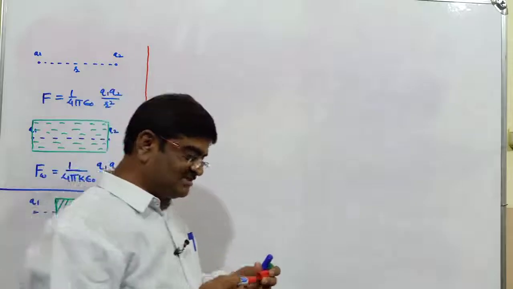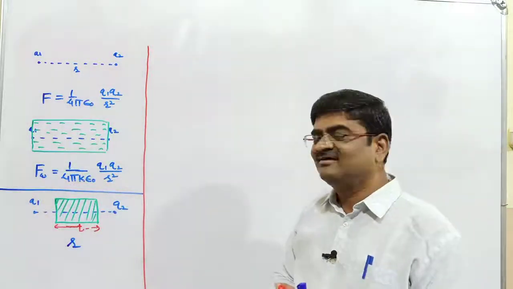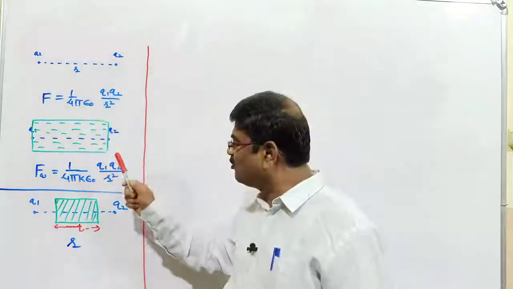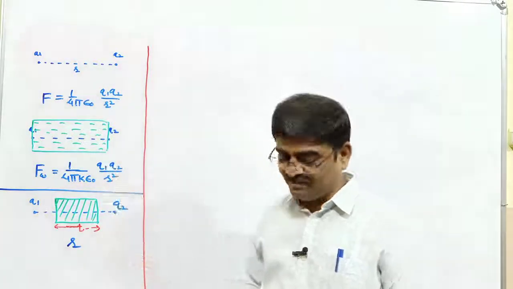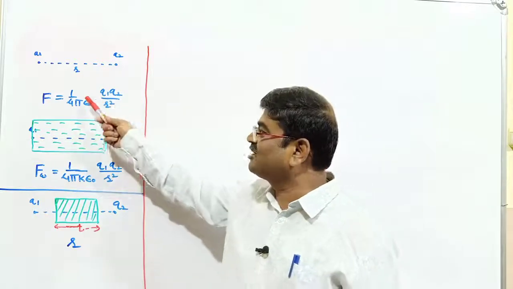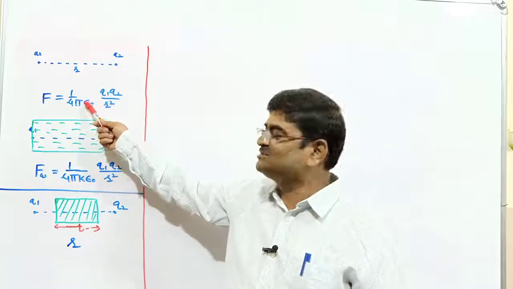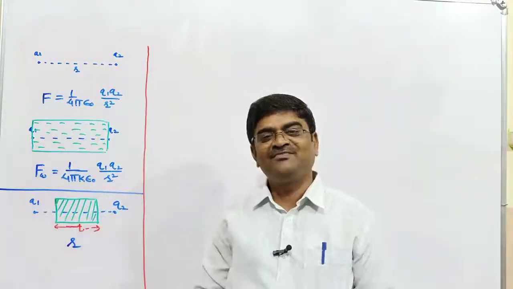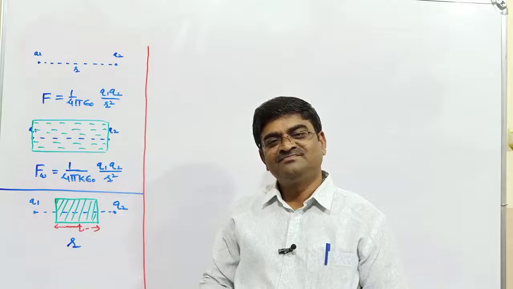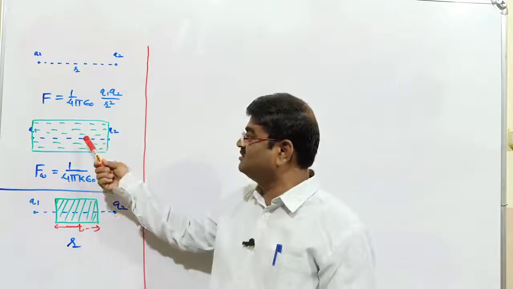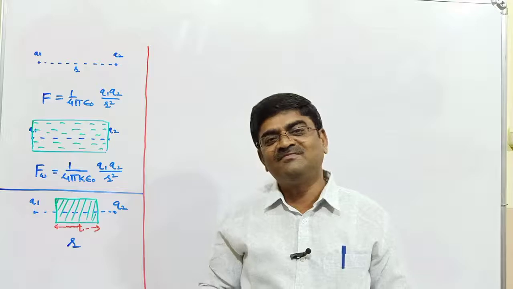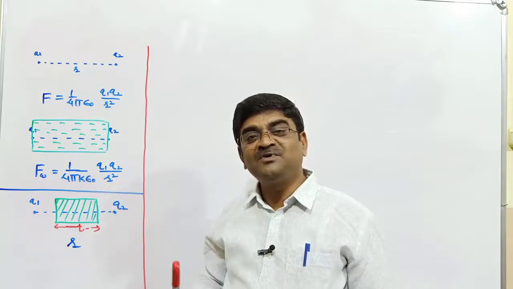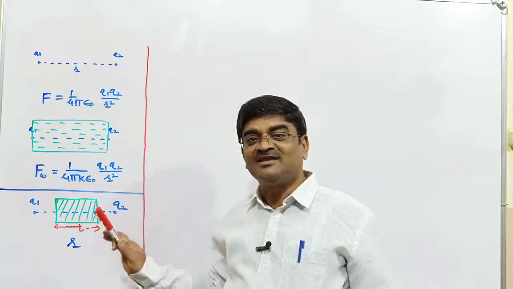But the question is, how much is the force now? Should I go only with this? Or what should I do? See, I cannot go with this alone, because for that, the separation between the two charges has to be completely in air or vacuum. Thinking that a dielectric is there, if I go here, again I will have a problem, because this equation is for two charges being completely in a dielectric other than air.